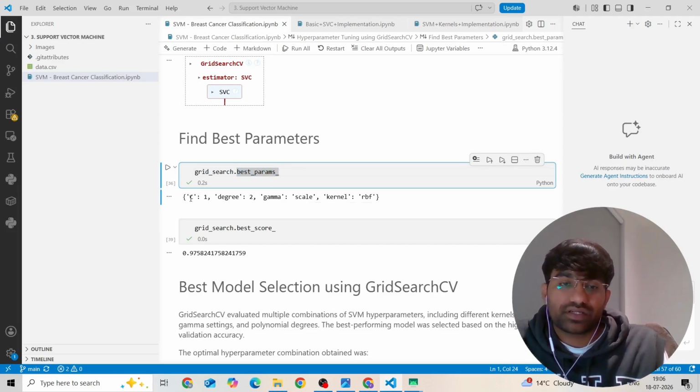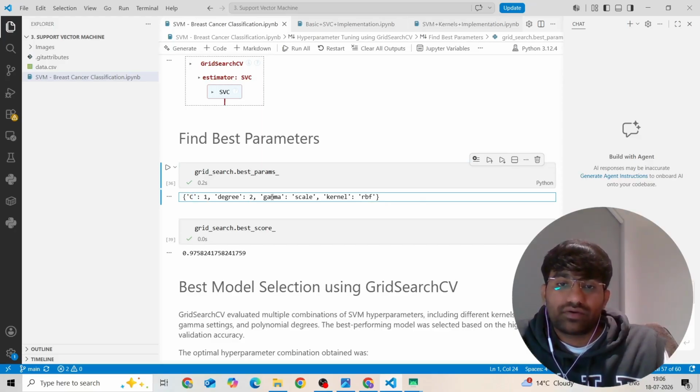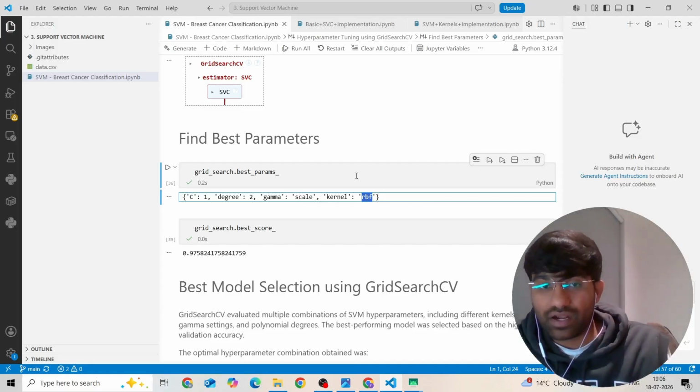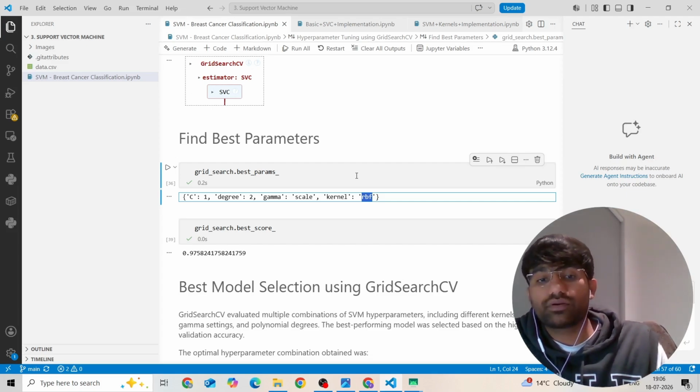My best parameters are C equal to 1, degree 2, gamma equal to scale, and kernel RBF. If you are using polynomial, degree is 2. Otherwise, C is 1, gamma is scale, kernel is RBF. This is the best model after hyperparameter tuning. These are the best parameters you can use to build your model.